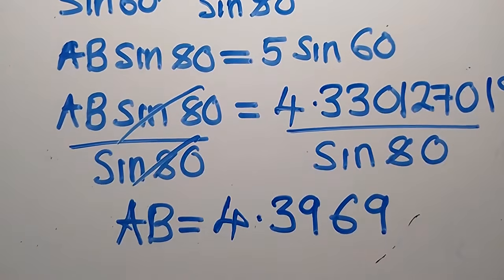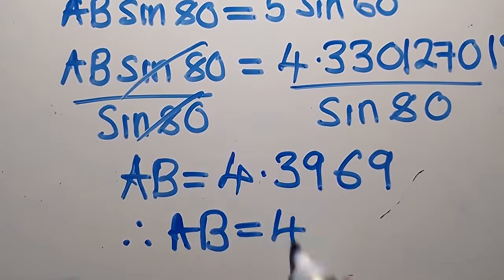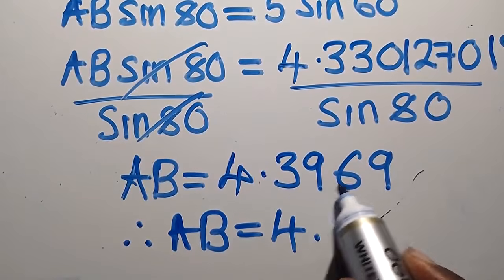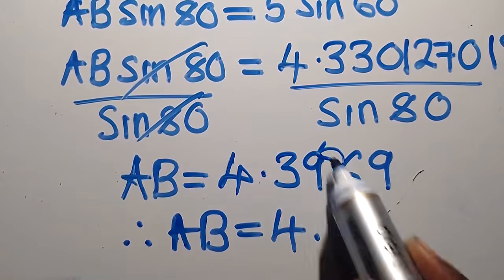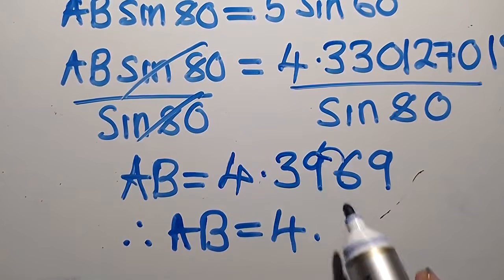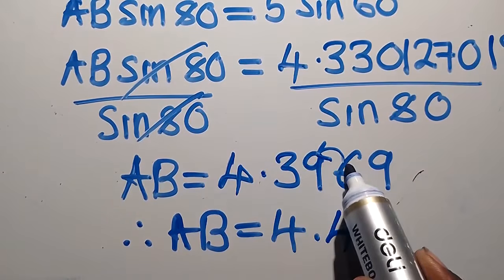So finally, just say therefore AB is equal to 4 point what? So this one, 2 decimal places. So when you put a 1 here, 10, 1 will go there. 4.40. This 9 will become a 0 because a 1 came from here.